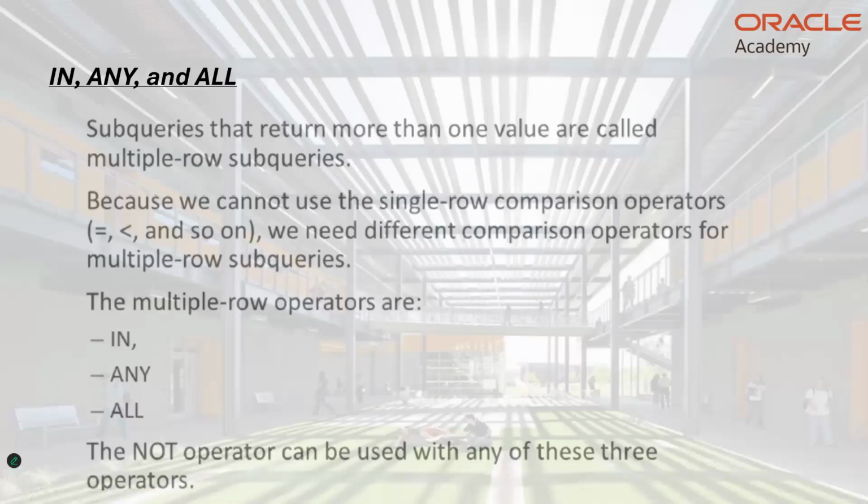With multi-row subqueries, we're looking to process multiple values. So for the comparison operators, we don't use equal and less than. We always use IN, ANY, and ALL, because that gives the query the opportunity to return more than one row. And a NOT operator can be used with any of these three operators: NOT IN, NOT ANY, NOT ALL.